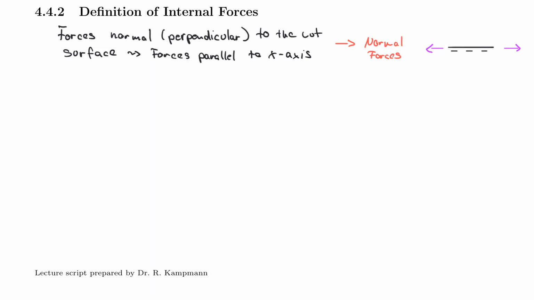So for example, if they pull away from the beam, then they obviously put the beam in tension. So this system here would be in tension. And so we call a positive normal force a system in tension, whereas a negative system would actually be in compression.